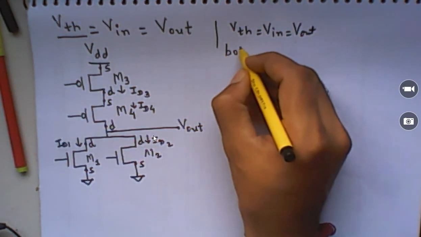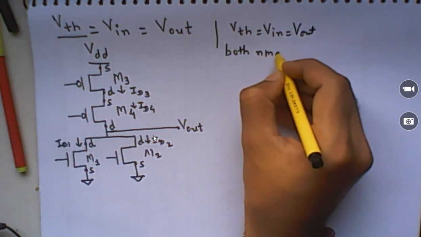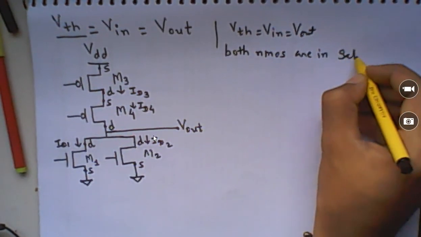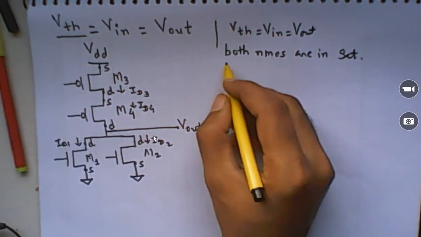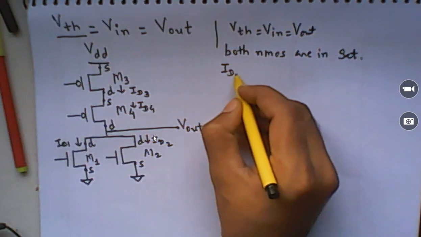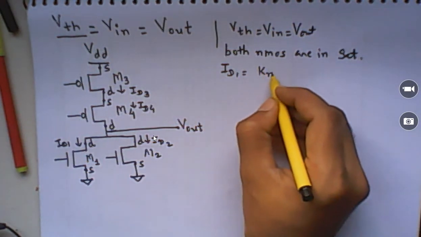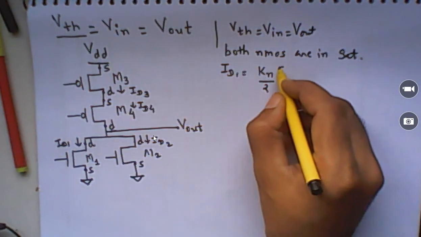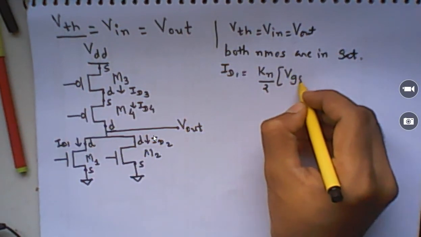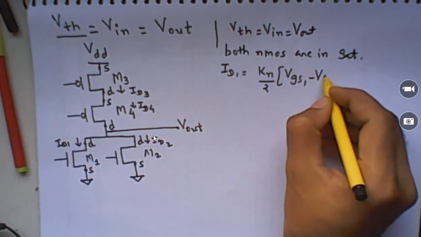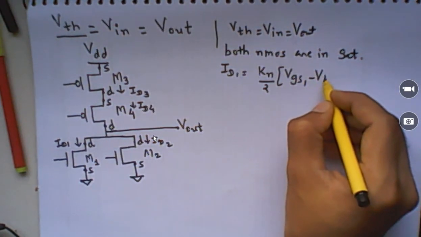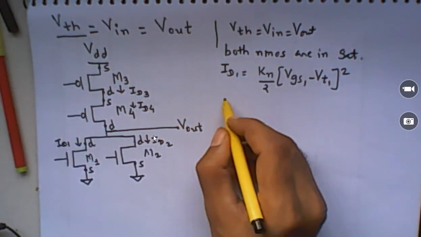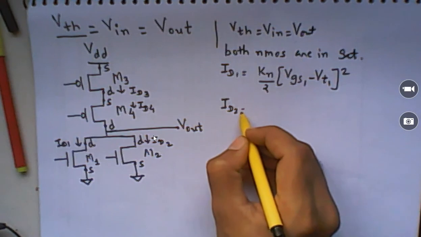So both NMOS are in the saturation region. So the current ID1 is equal to Kn by 2 into (VGS, which is the input, minus VT of 1) whole square, right? Similarly ID2 is Kn by 2.